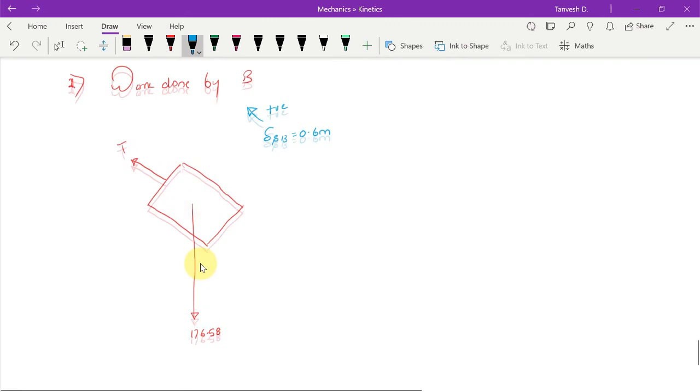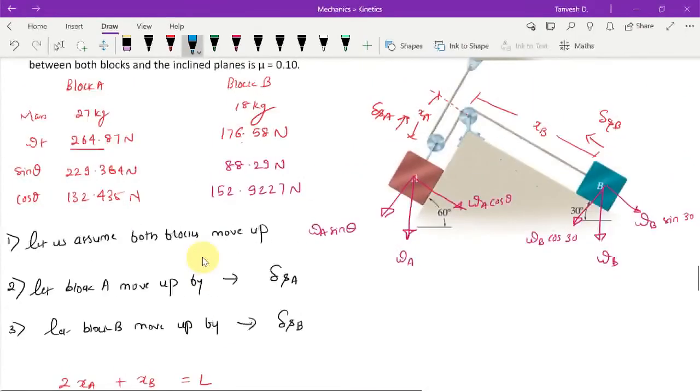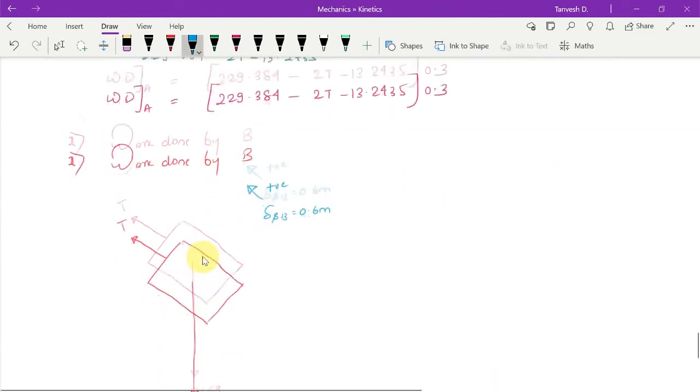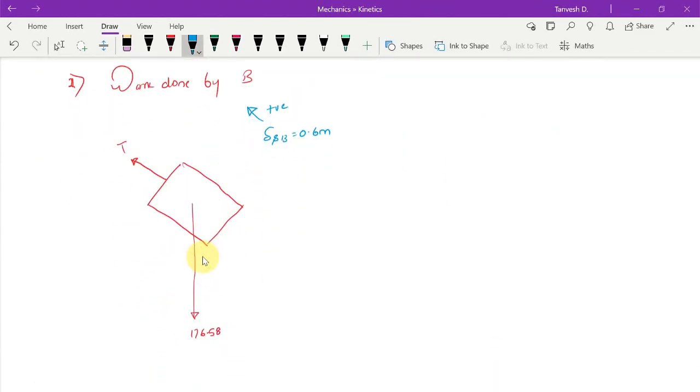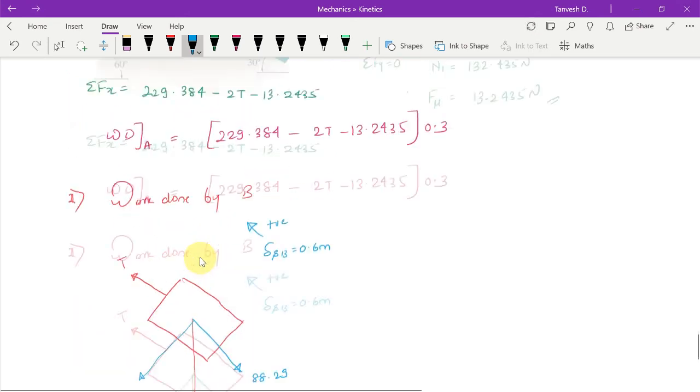The resolution of this weight is 88.29 and 152.9227. I hope it's correct.